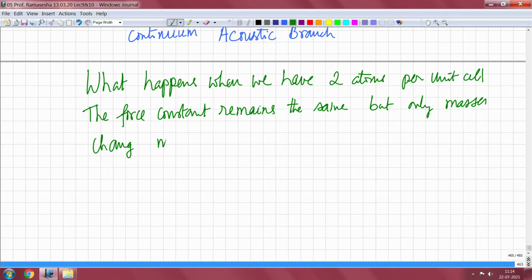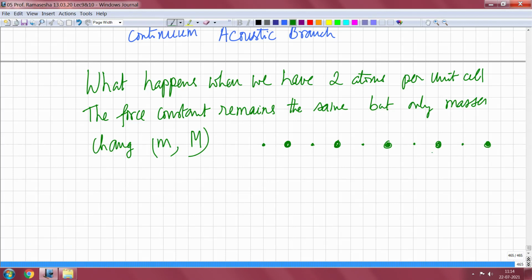So you have one of small mass m, another one of capital M. The chain will consist of small mass, big mass, small mass, big mass, small mass, big mass. So this is the chain that I have.